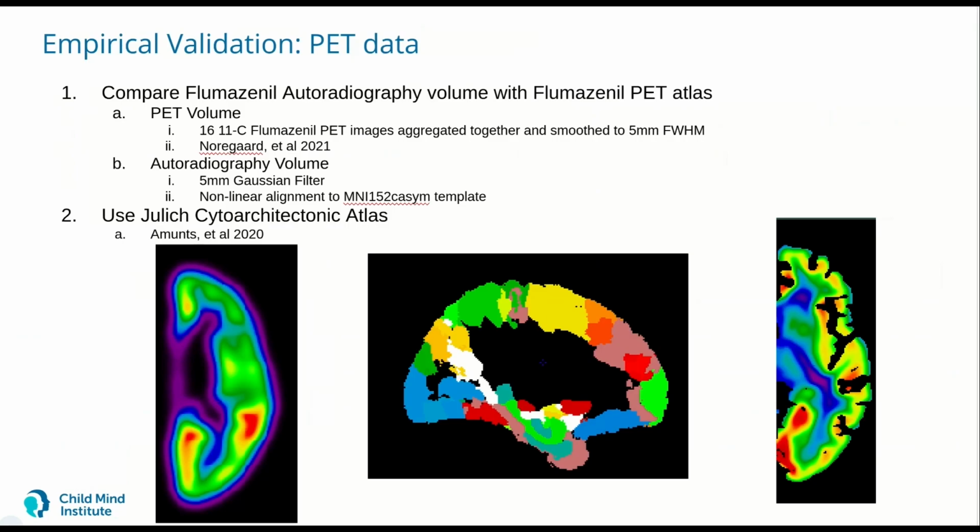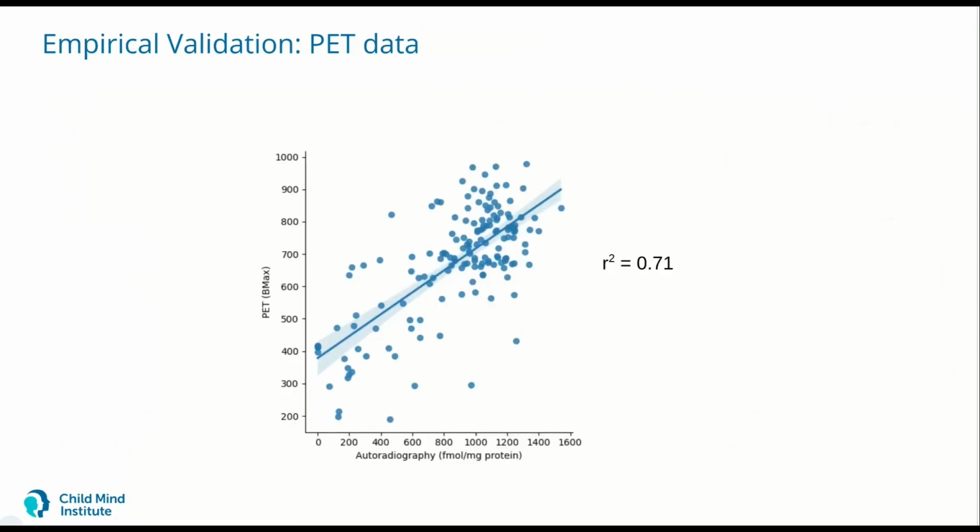And then with these two images, which in theory should match more or less, we used the Jülich Cytoarchitectonic Atlas to look at all the ROIs and then calculate the correlation between them. And so the result was pretty good.